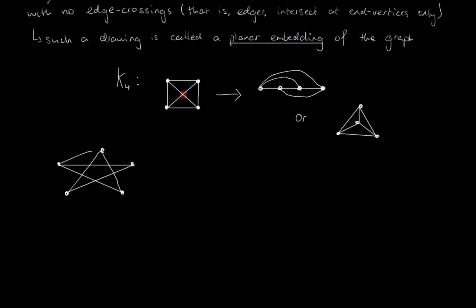And it's not yet complete. Let's create a cycle on the outside here. And as you can see, it's obviously not a planar embedding because we have some edge crossings.